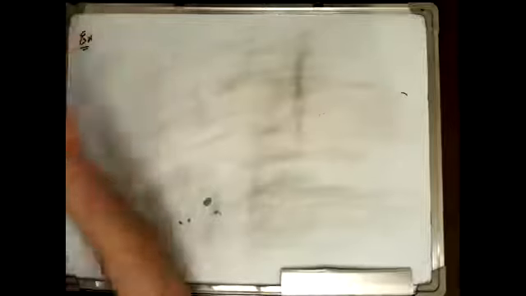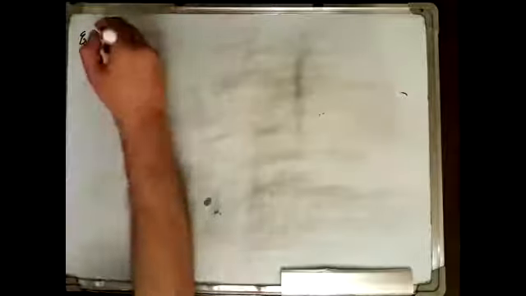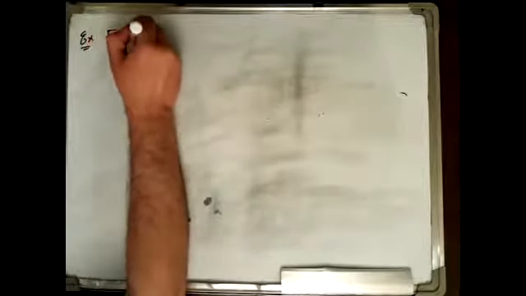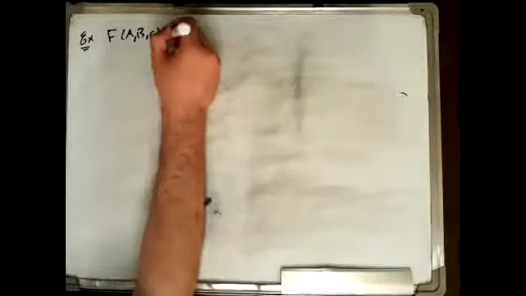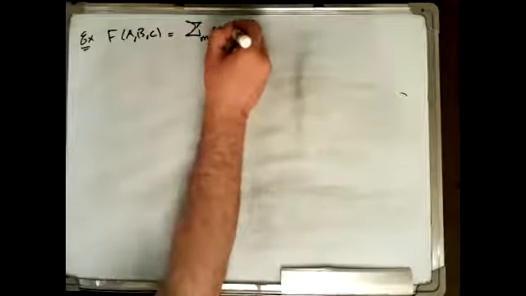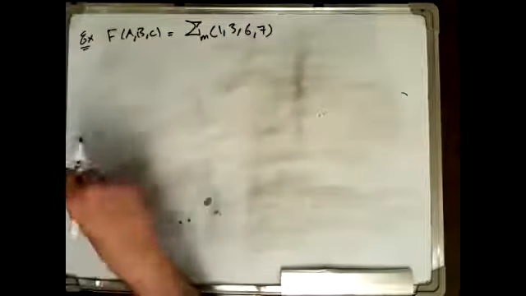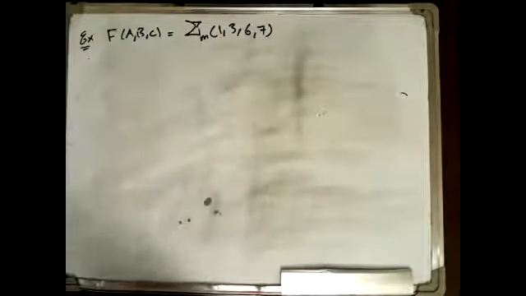Assume we have function f of a, b, c is the sum of minterms 1, 3, 6, and 7, and we want to implement it using a multiplexer. And we have many choices.